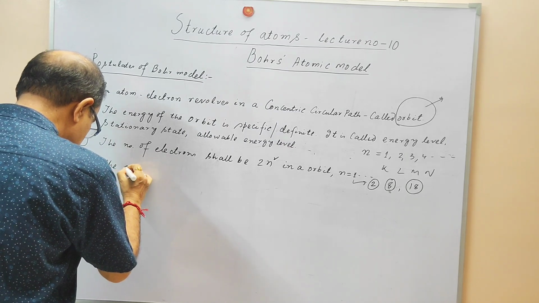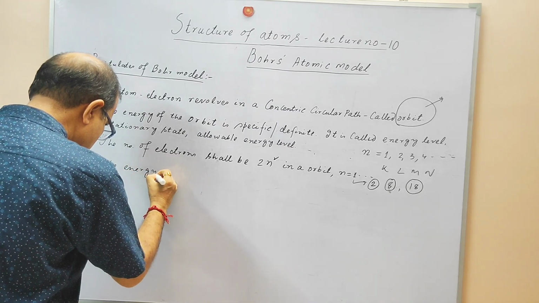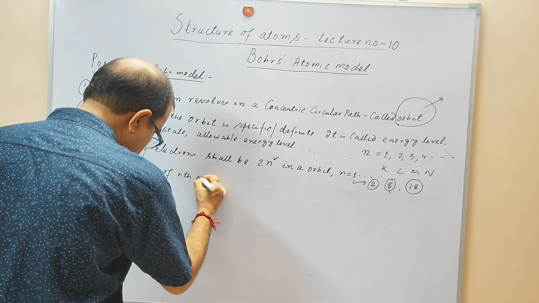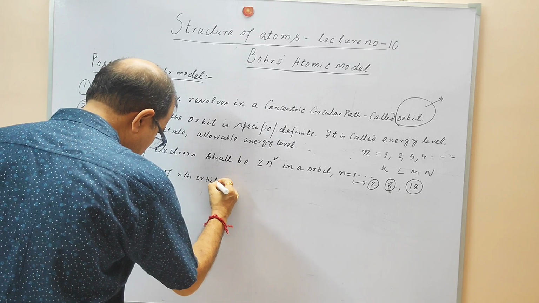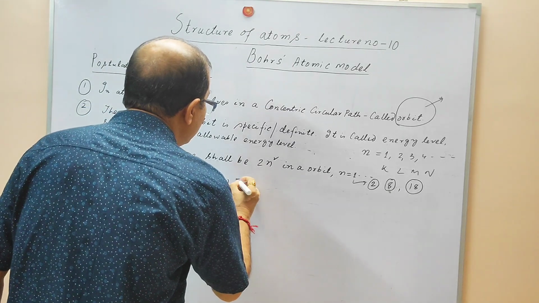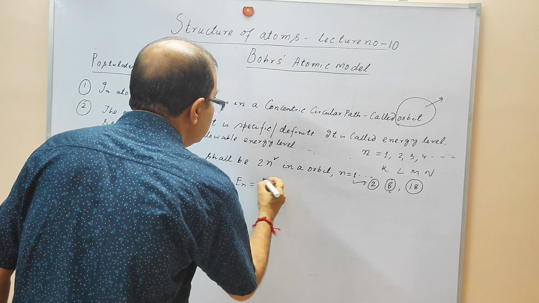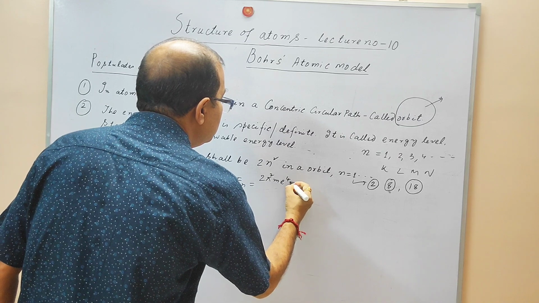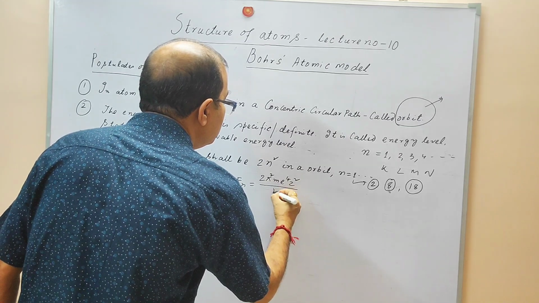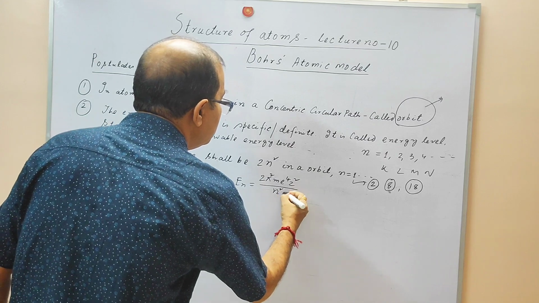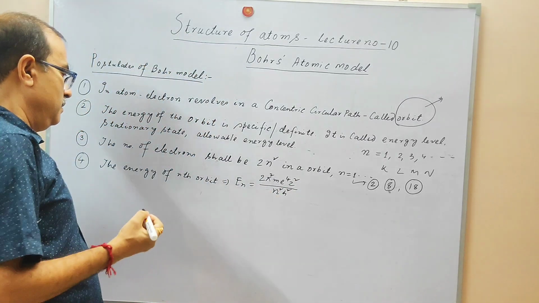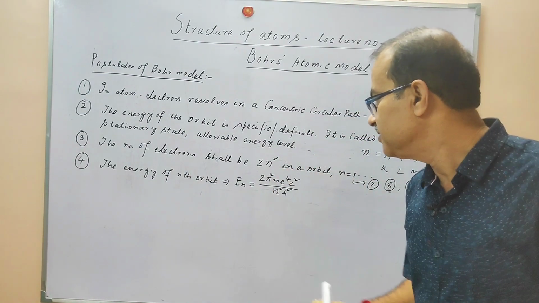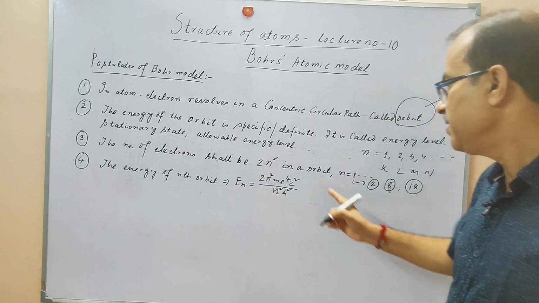The energy of the nth orbit is given by this formula: 2 pi square m e to the power 4 Z square over n square h square.